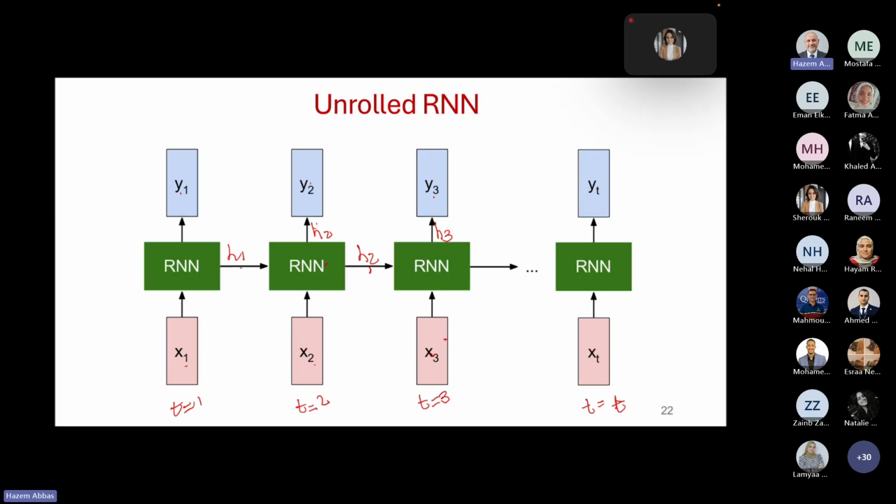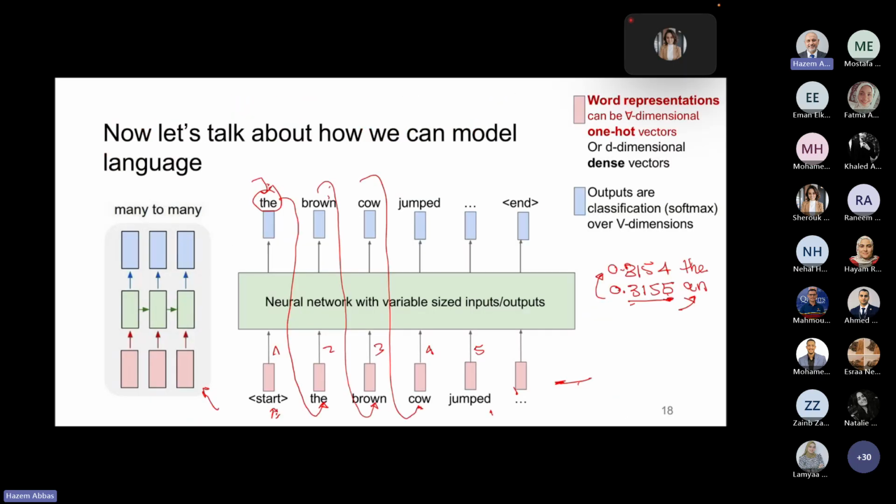At time t, it receives the input xt after embedding, and then we'll use the hidden state h(t-1) to produce ht and the final output yt. So this is the unrolled recurrent architecture. For every input, there is an output, like we have seen here. Every input has an output. This is many to many.